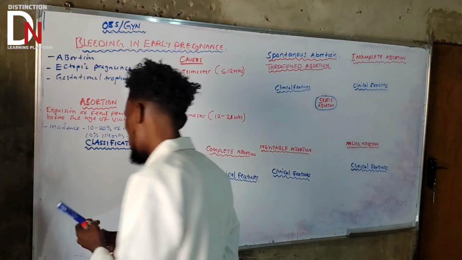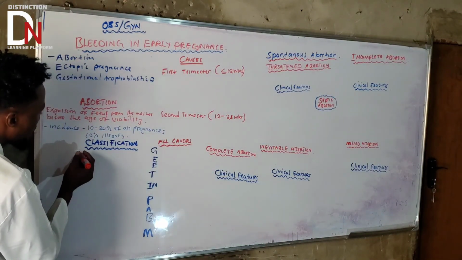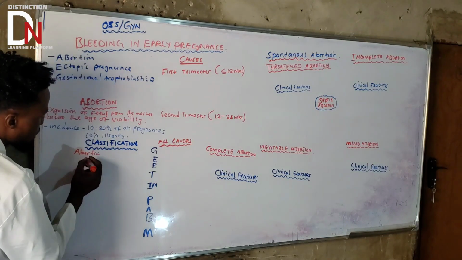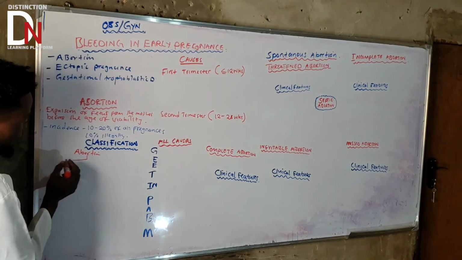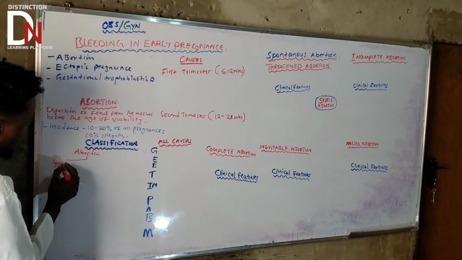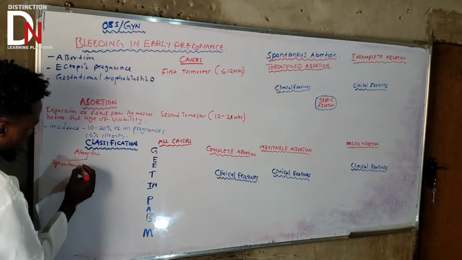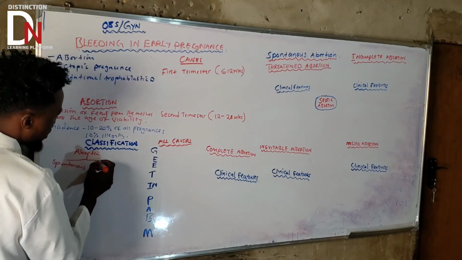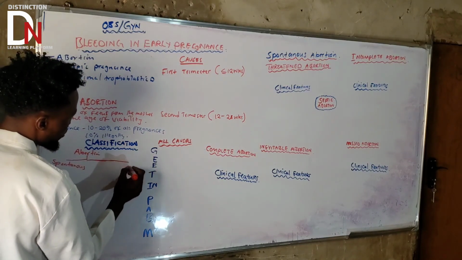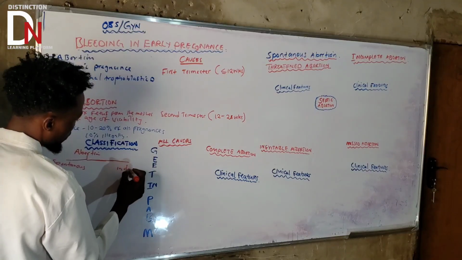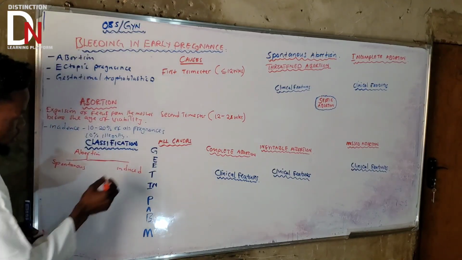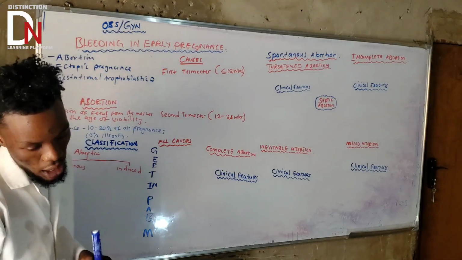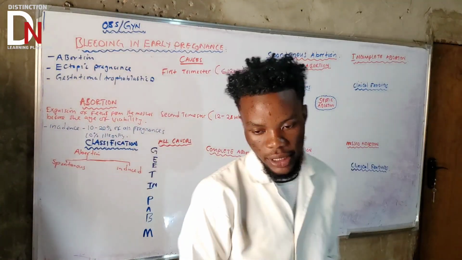So we can classify abortion into two: spontaneous, and the other one, induced, because someone just wants to induce that abortion intentionally.